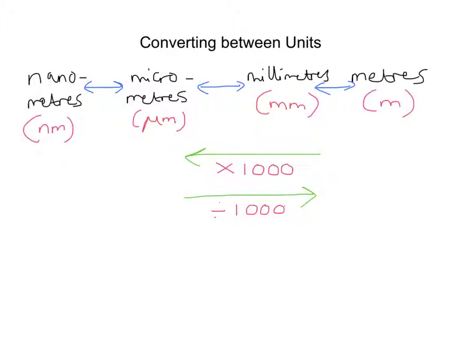So let's just take meters and millimeters for example. If I wanted to convert a value of meters to millimeters, I would times my value by 1,000.